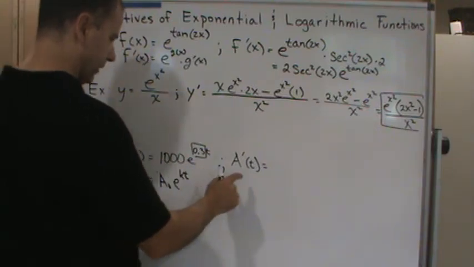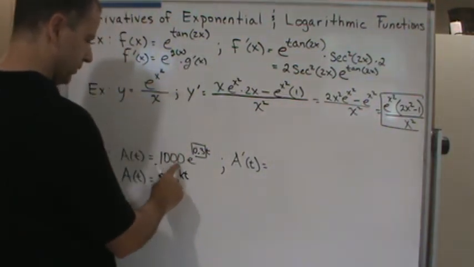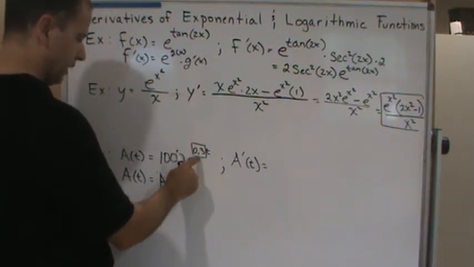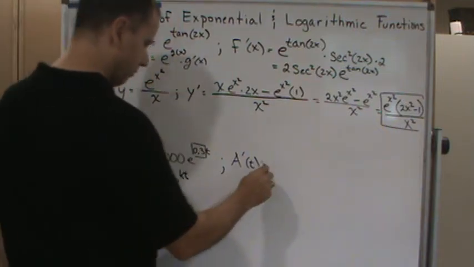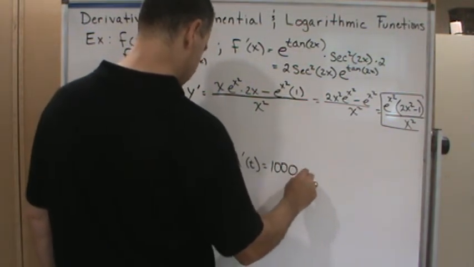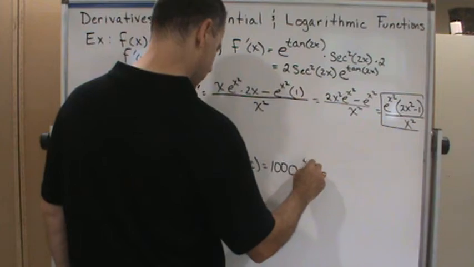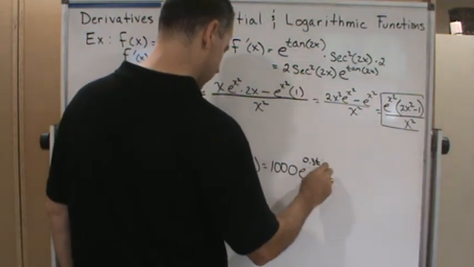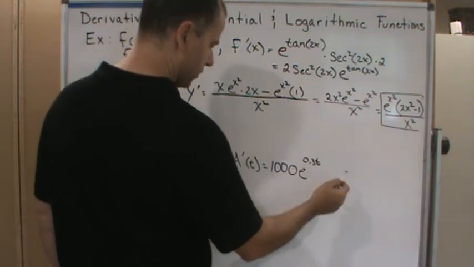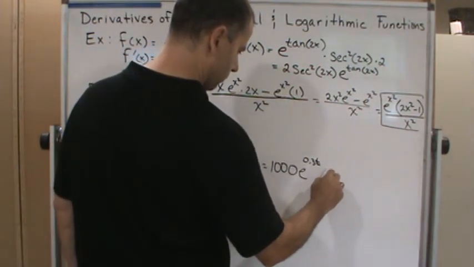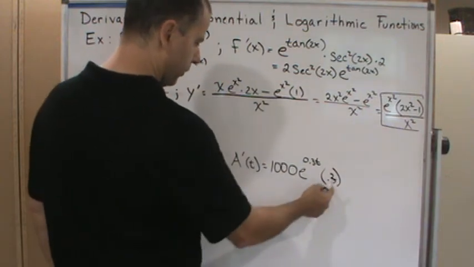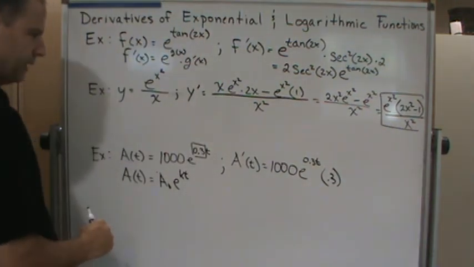So A prime of t is going to be 1,000 times the derivative of this, which is just going to be e to the 0.3t, right? So we'll have 1,000 times e to the 0.3t, and then we multiply by the derivative of this exponent, which is just 0.3. So 0.3 times 1,000 is 300.